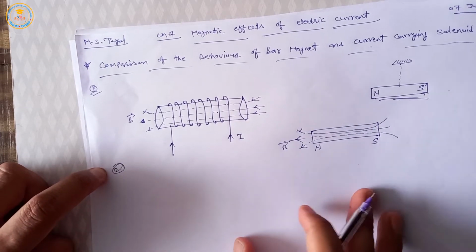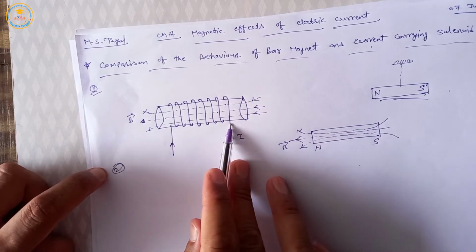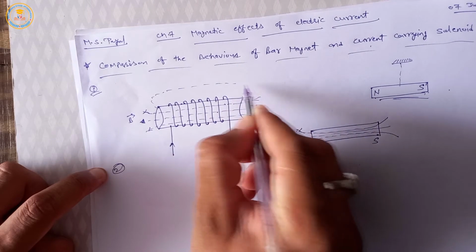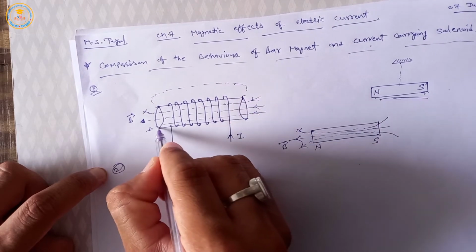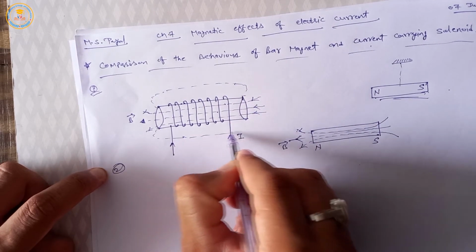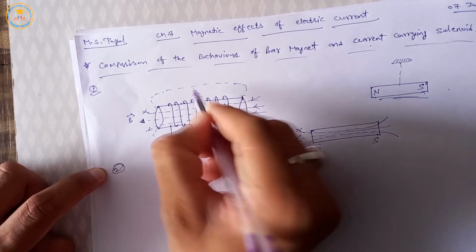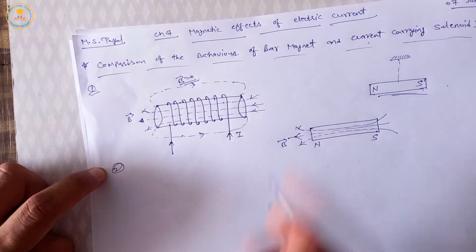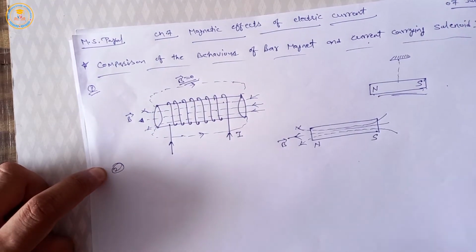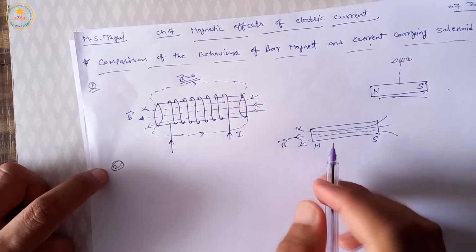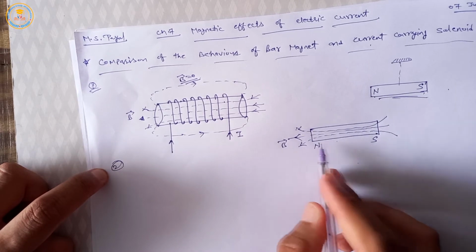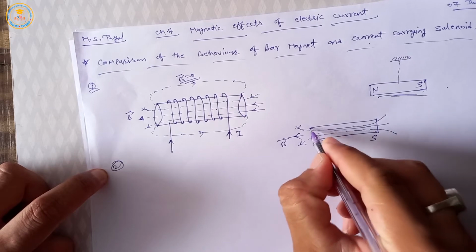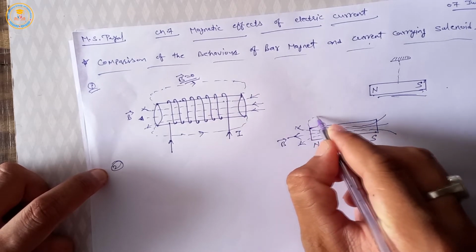Another one is that the magnetic field outside the solenoid is negligible. The magnetic field outside the solenoid, or we can say ideal solenoid, is negligible. We can say B vector is approximately equal to 0. But the magnetic field in a bar magnet is along the length of the bar magnet, and it is different at different points.